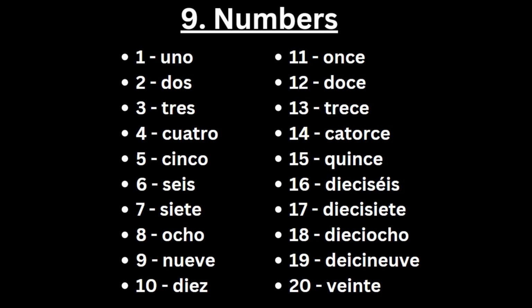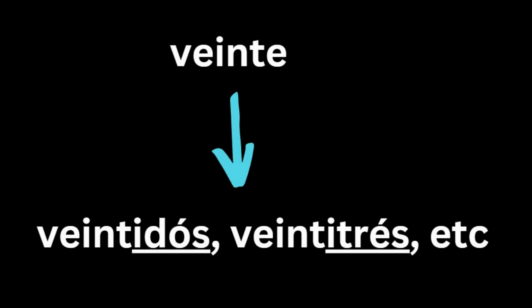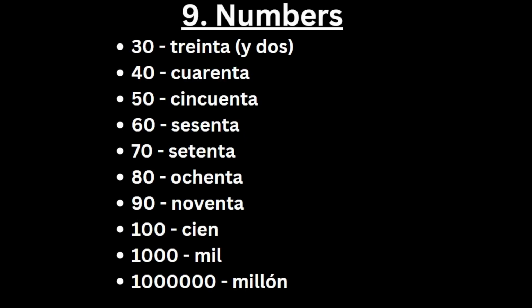There is no point of listing numbers past 20 because all you do is take 20 and then add any number you want to it. But it has to be written as one word, like veintidós or veintitrés, and so on. 30 is treinta y and whatever number you want, like treinta y dos. 40 is cuarenta, 50, 60, 70, 80, 90, 100, 1000, and 1 million, millón.